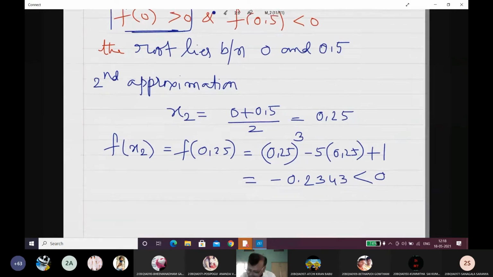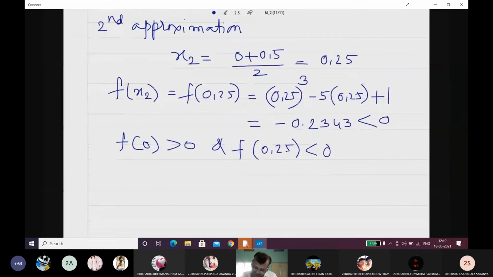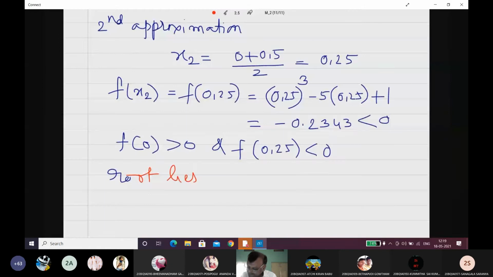Now here f of 0 is positive and f of 0.25 is negative. Hence, root lies between 0 and 0.25.